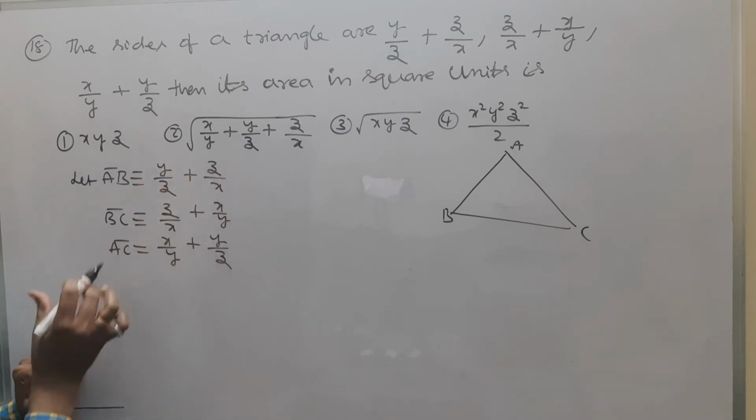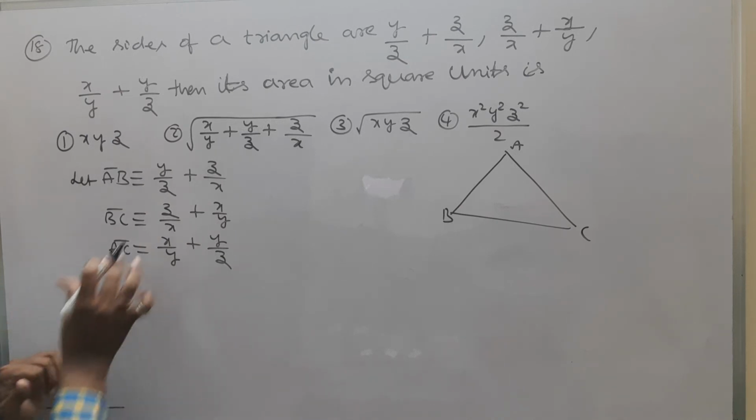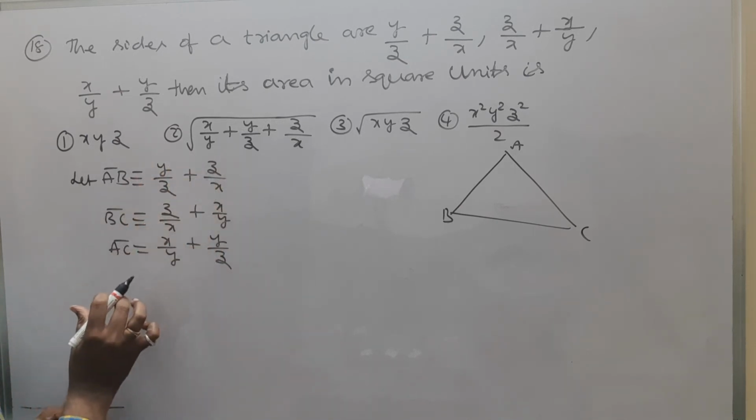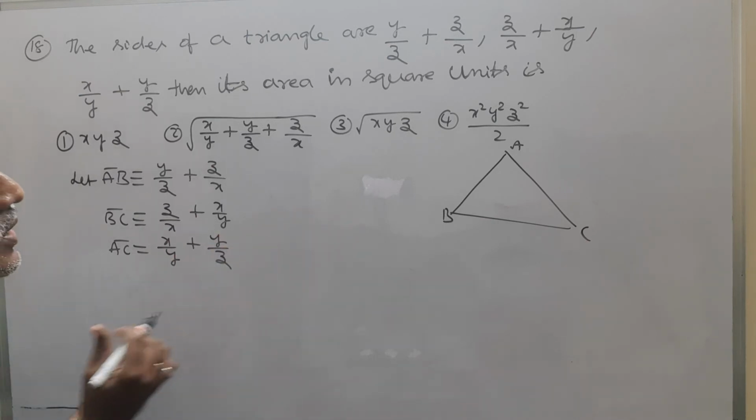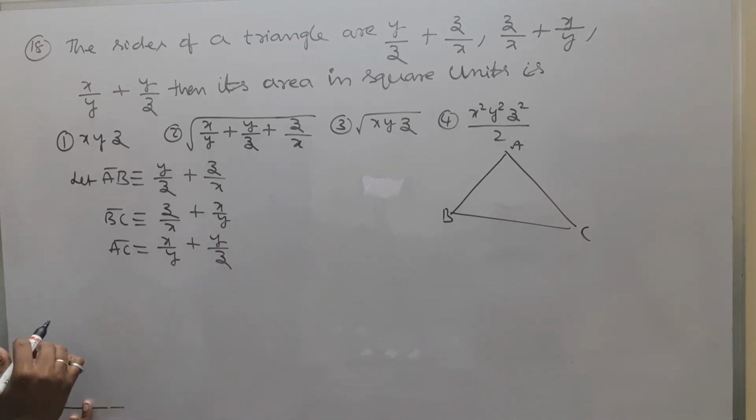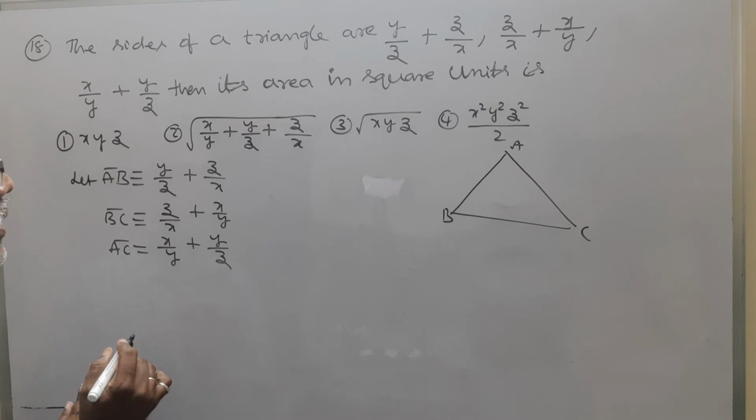These are the sides in cyclic form. When the sides are given in cyclic form, the triangle ABC is an equilateral triangle.